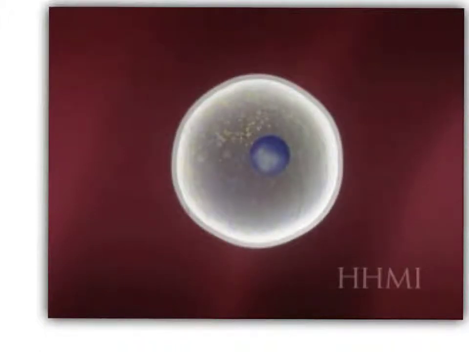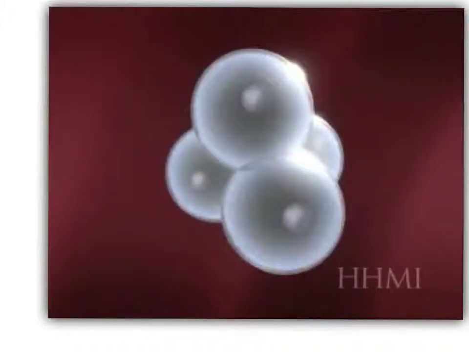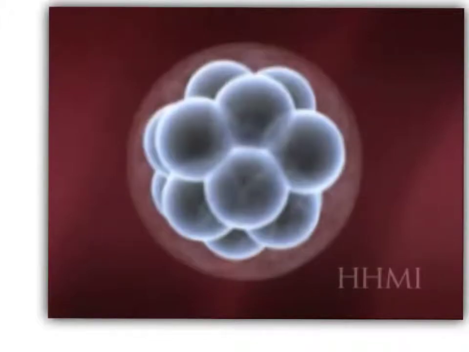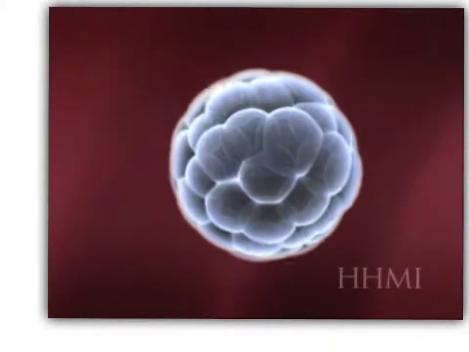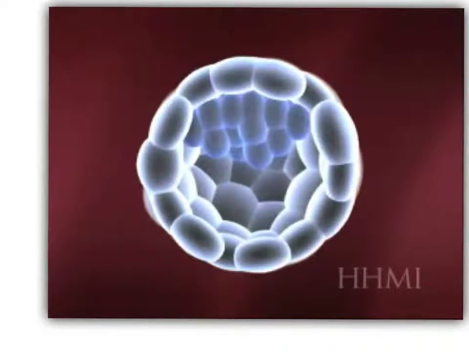The idea is that this will then grow and divide. It's usually given a pulse of electric shock at this stage, so it will then divide by mitosis. Here we go. It's divided into 2 cells, 4 cells, and eventually a ball of cells, which then develops into an embryo, which can be implanted into the uterus of some sort of surrogate mother.